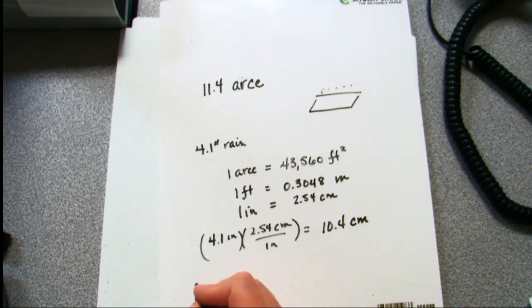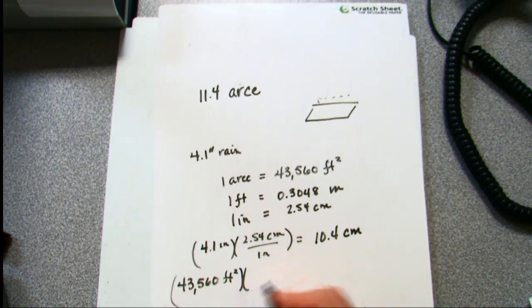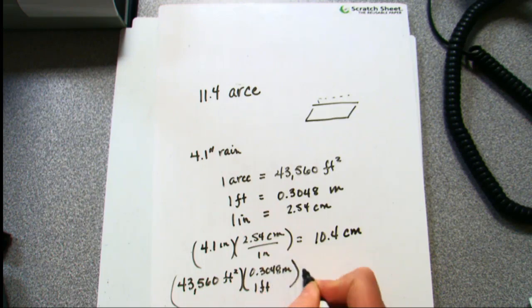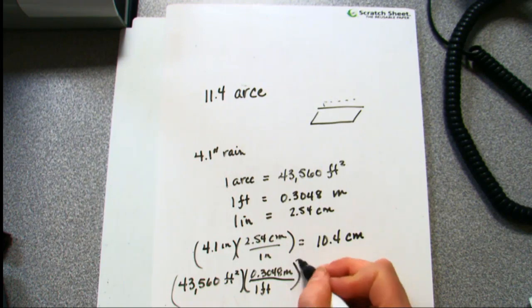All right, so I've got 43,560, and that's feet squared. And 1 foot is 0.3048 meters. So if I do that conversion right there, I've got to square that.